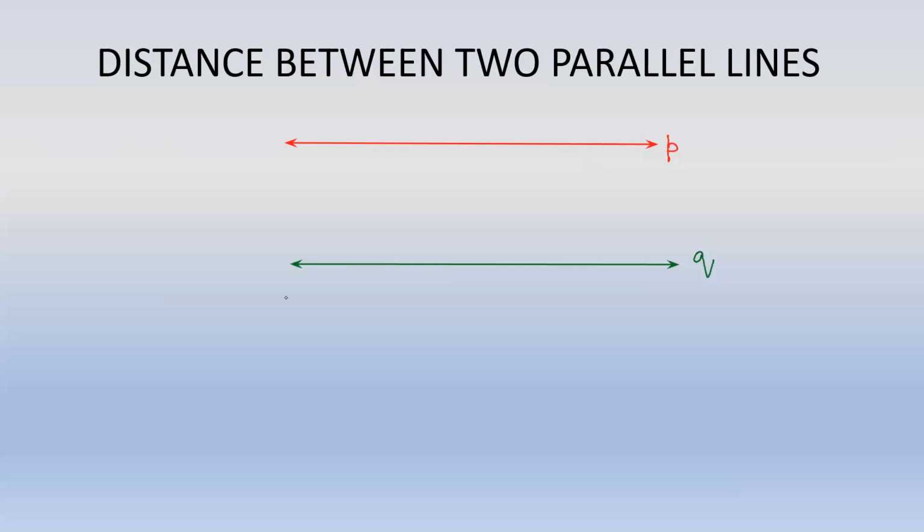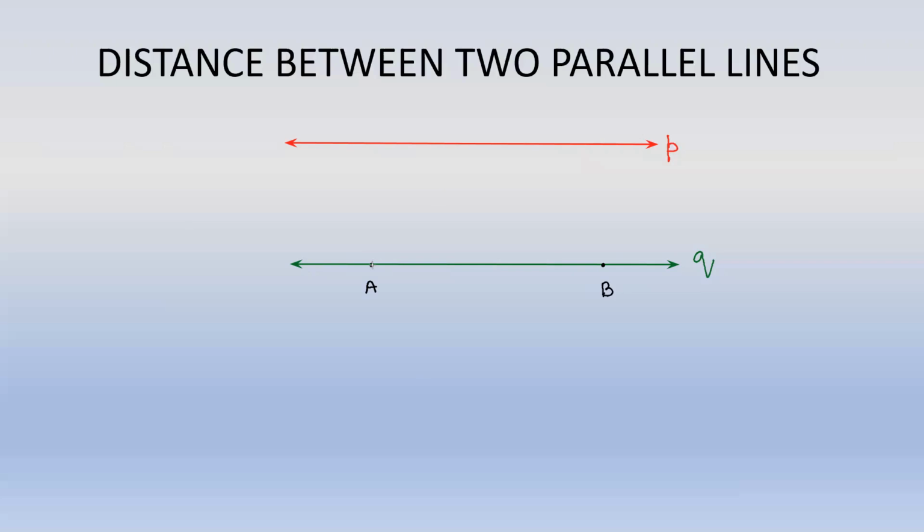Let's take a point on Q first, name it A, and let's take another point on Q, say B. Now we try to make perpendiculars from A to line P and from point B to line P.